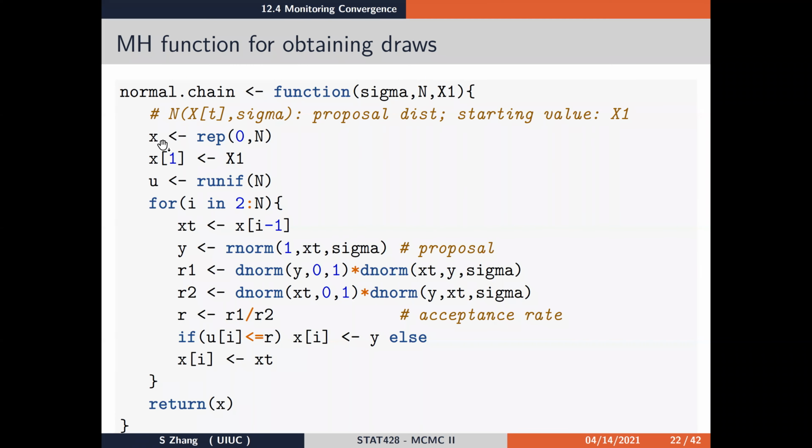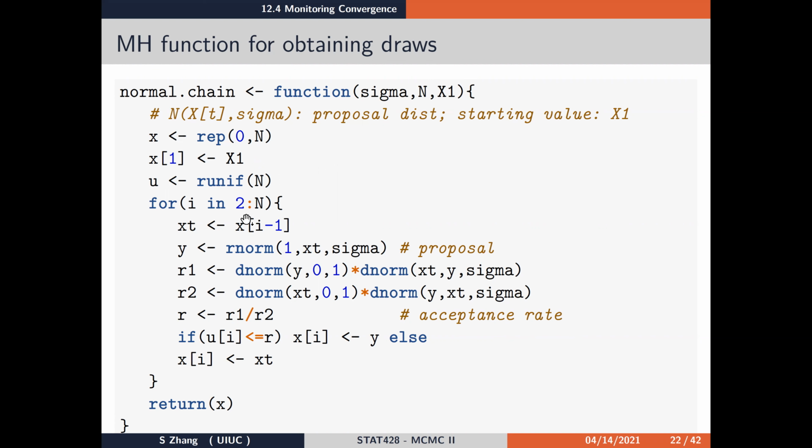This function first creates a zero vector with a total of n entries. This is for storing the MCMC draws. The first entry will be set to be equal to x1, the initial value that we input. We'll also create a u vector, which is for doing the acceptance-rejection test.